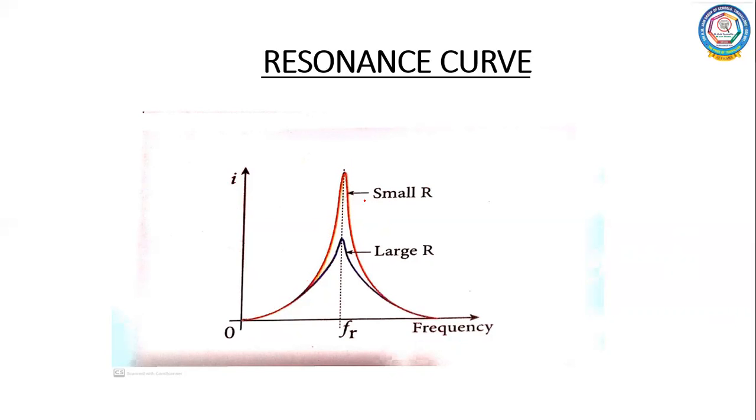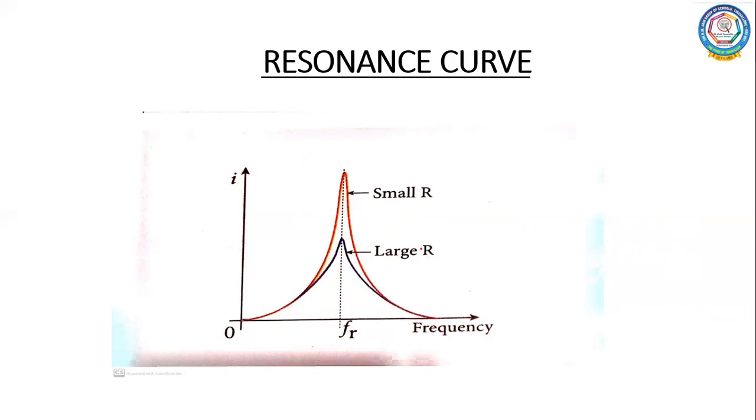Now for a small value of resistance, smaller the value of resistance, sharper will be the peak. Okay, now look at this. Here you also have a blue line. Again, there is a variation. Again, when you keep on changing the frequency for larger value of resistors, the current value also will be maximum, but the curve will be, we'll compare this. Here the curve is very sharp for small value of resistance.